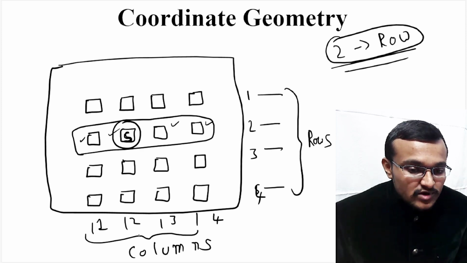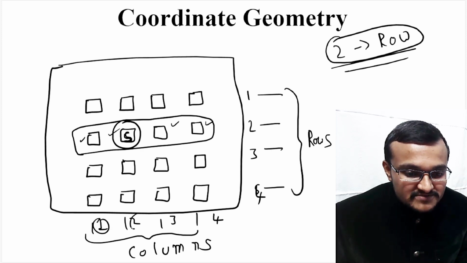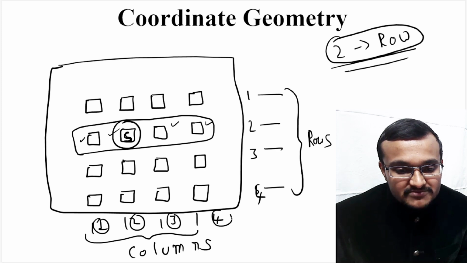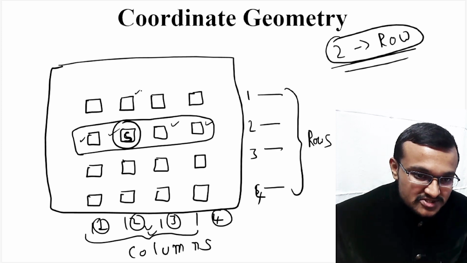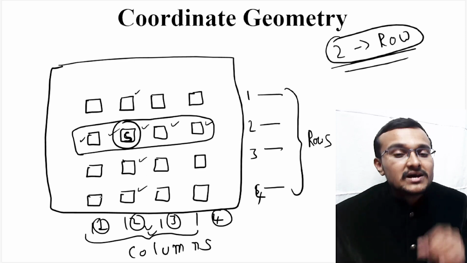For that, I need the information of columns as well. Which column is he sitting in? He is sitting in the second column. That means this is also the second column, and so on down the column.